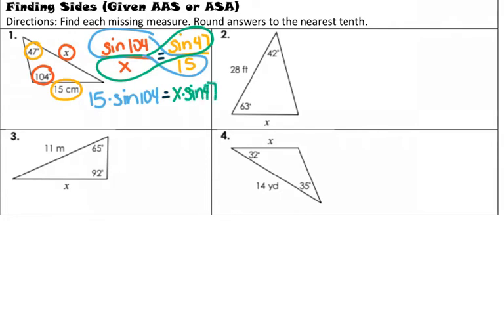The part in blue is just a number in my calculator. Remember, the whole point is to get x by itself. To get rid of sine 47, I would divide both sides by sine 47.